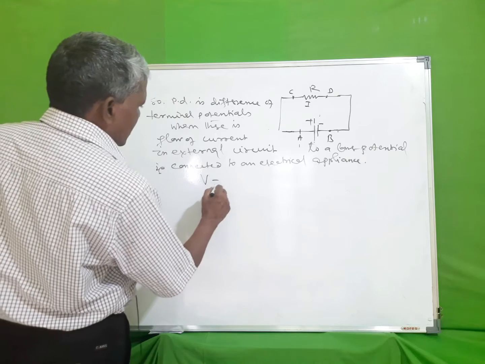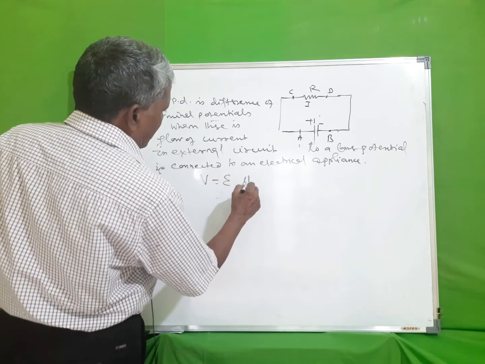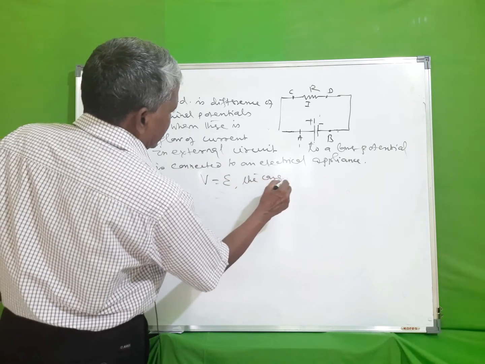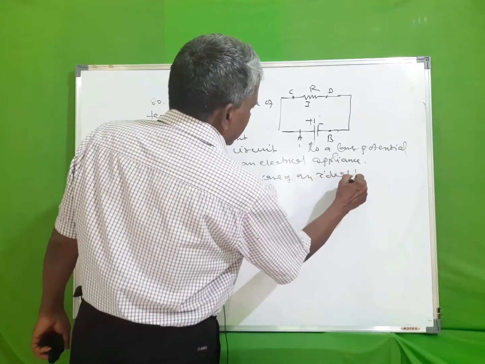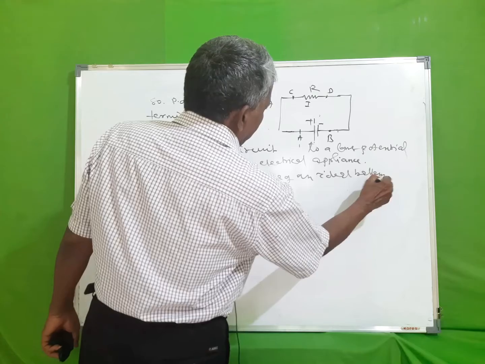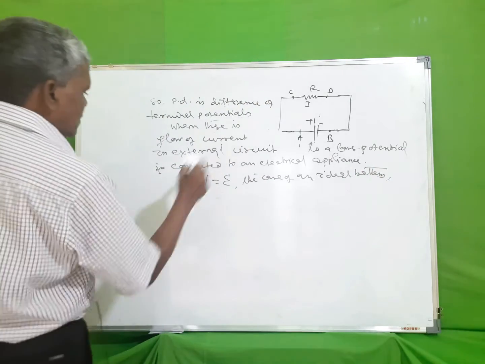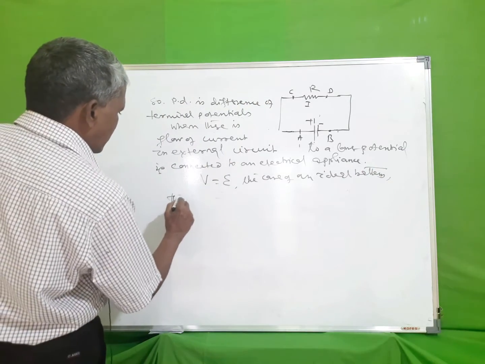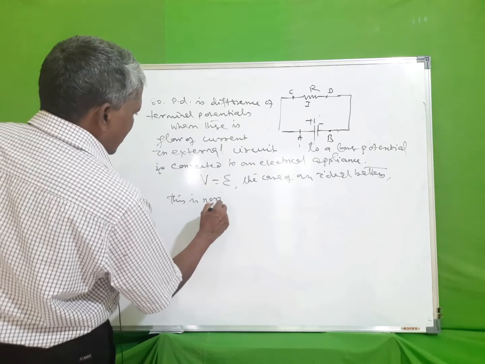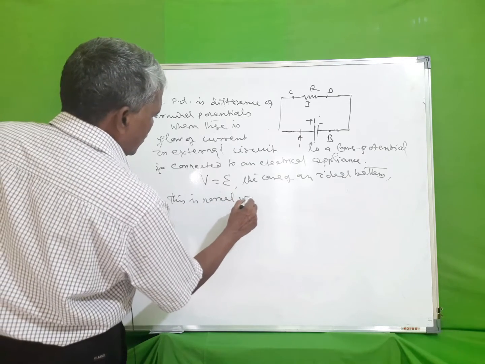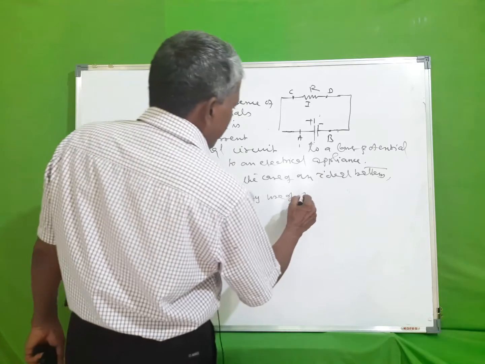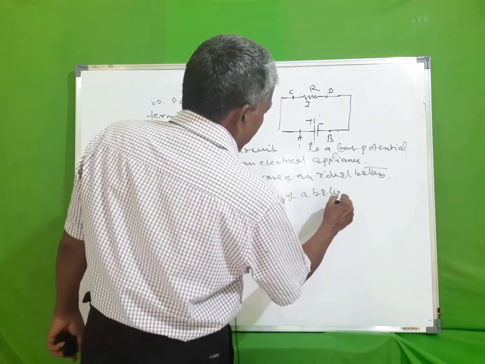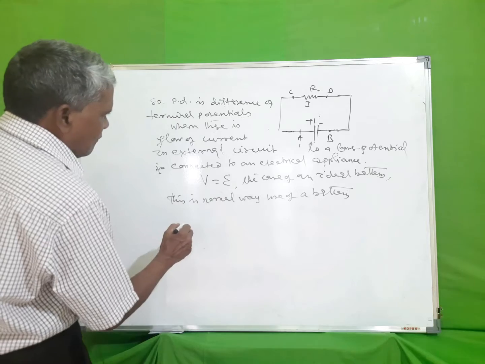V is equal to E in the case of an ideal battery, and this is the normal way of use of a battery, called discharging.